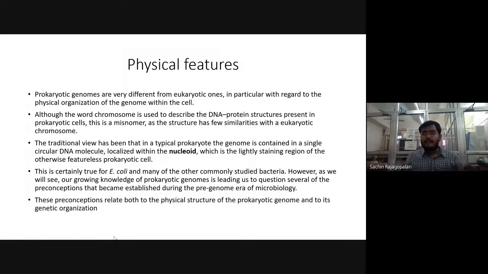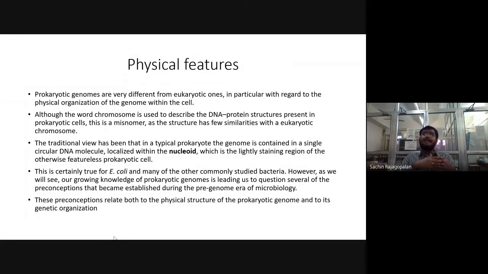I always tell students that unfortunately, whenever it comes to bacteriology, we end up learning so much about Escherichia coli that we should call it Escherichiology rather than bacteriology. Because you see, the maximum of your experiments run around E. coli only. So E. coli has become the model organism, a representative when it comes to bacterial species.